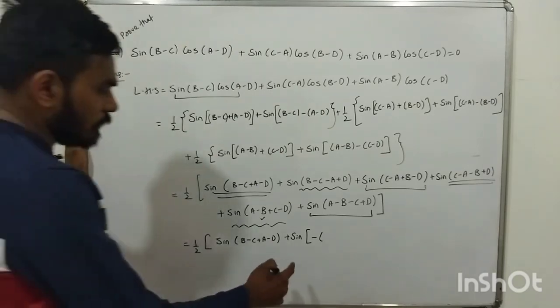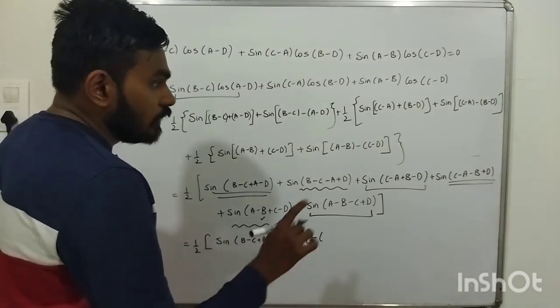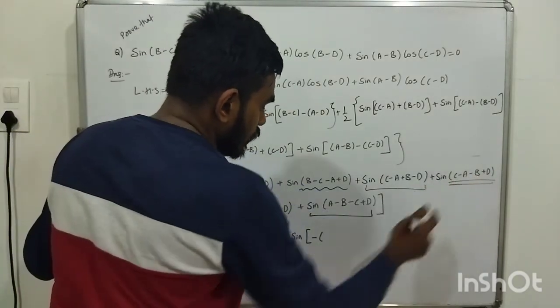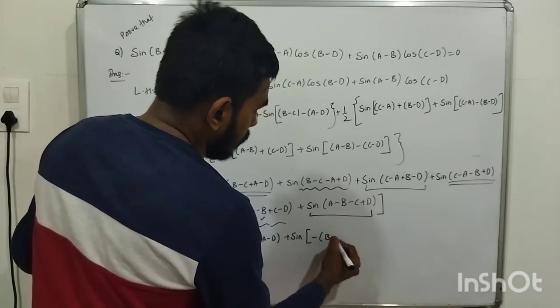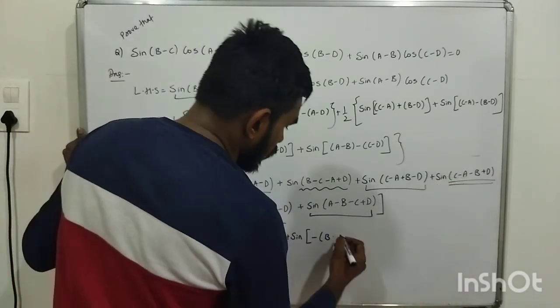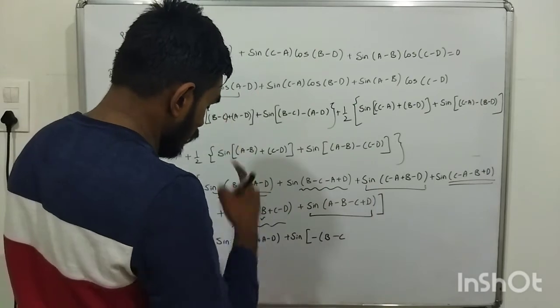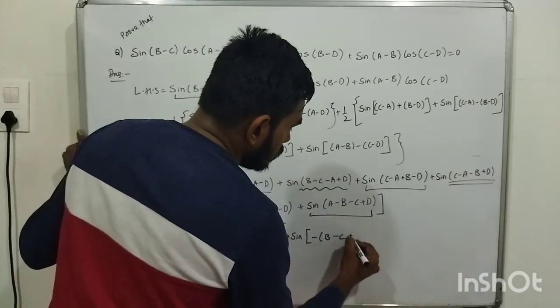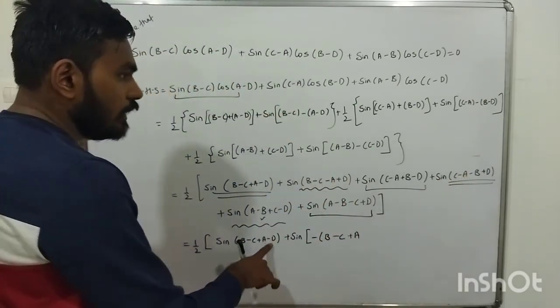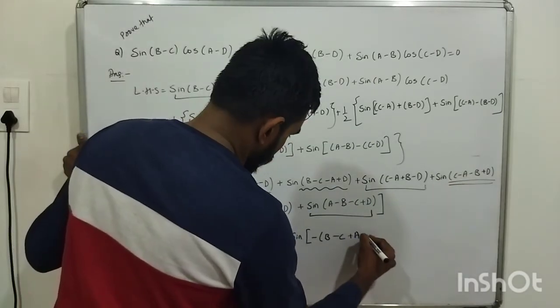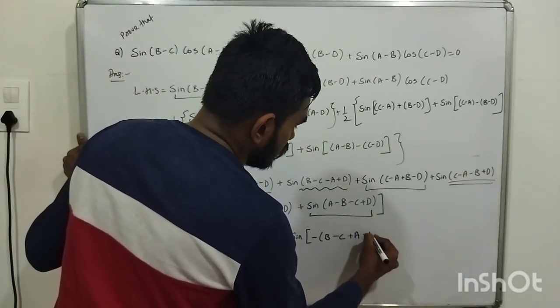Understood? Minus sign common. So if I take minus sign common here, B will get plus sign, so plus B. Okay. Then C will get negative sign, so minus C. Then A will get plus sign, so plus A. And then D will get minus sign, so minus D.